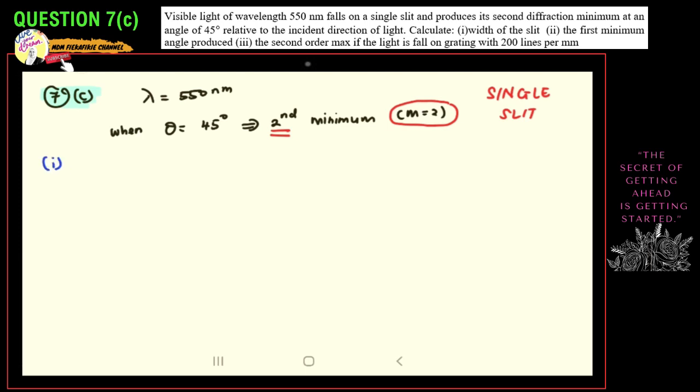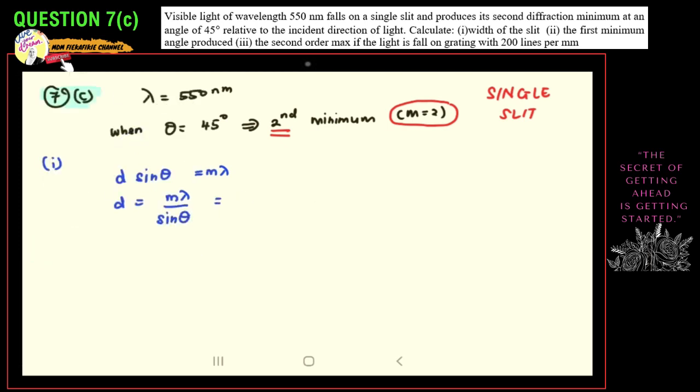Calculate the width of the slit. So we want to calculate the small d. So by using the equation d sine theta is equal to m lambda, we can find d, where d is equal to m lambda over sine theta. Okay, so since we have information about the second minimum at 45 degree, then we can find what is d.